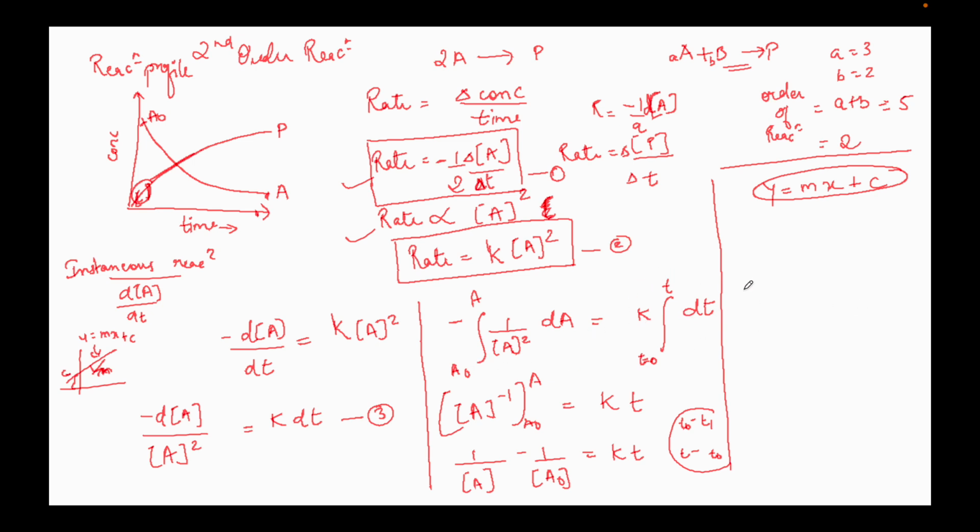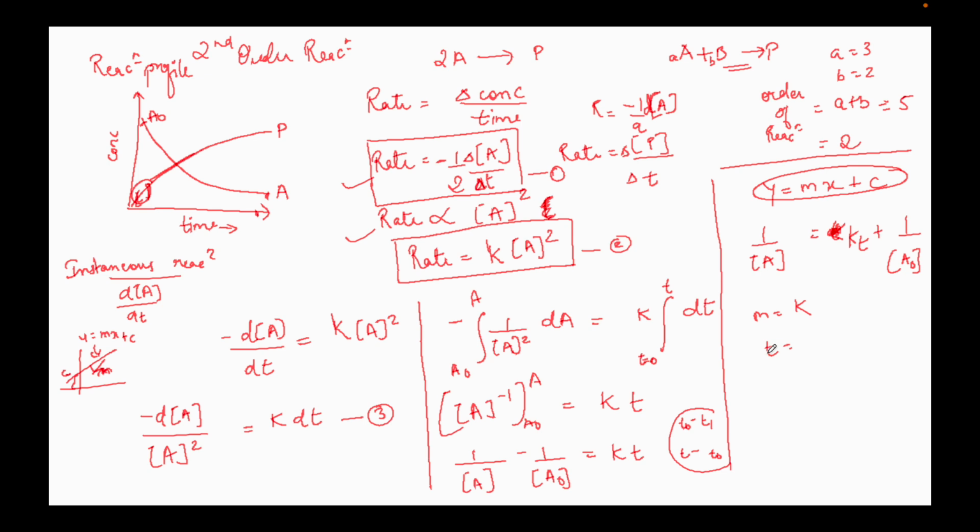So if we write this in that form, what we'll get is 1 by concentration of A is equal to kt plus 1 by A0, right? This is in the form of y is equal to mx plus c, where m is equal to k.